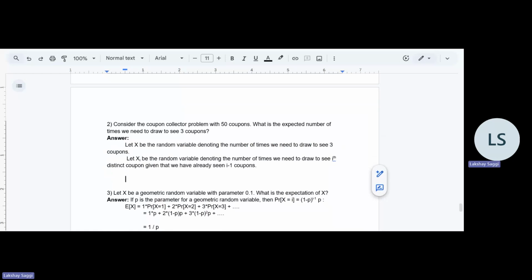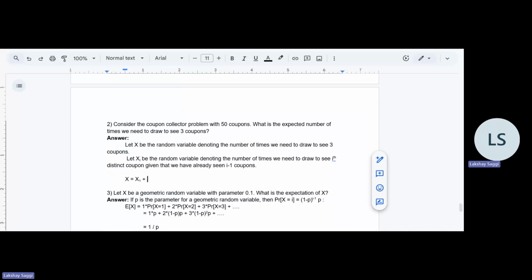Okay, so what is x equal to? x is the number of times we need to draw to see 3 coupons. For seeing 3 coupons, first we need to see 1 coupon. So x1 will denote the number of times we need to draw to see 1 distinct coupon.